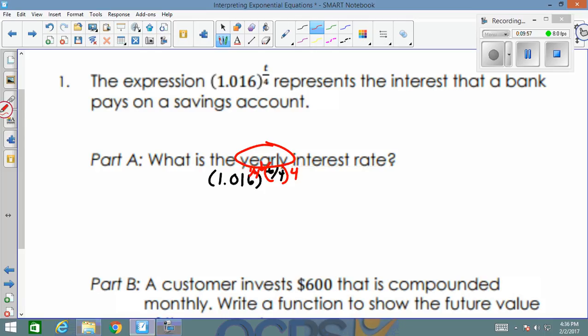So here I'm going to do 1 over 4. 1.016 to the 1 over 4 is 1.004 to the t. So our r would be 0.004 or 0.4%.